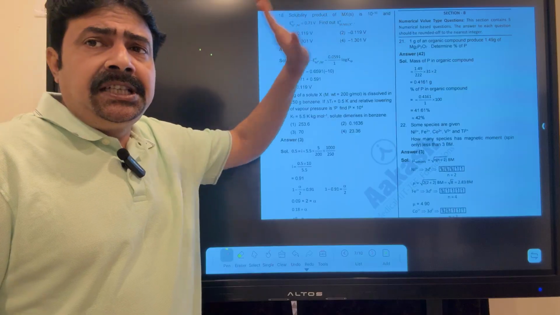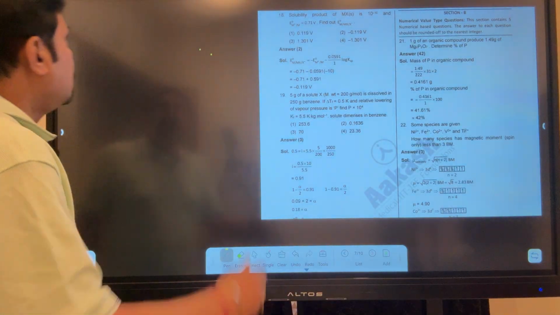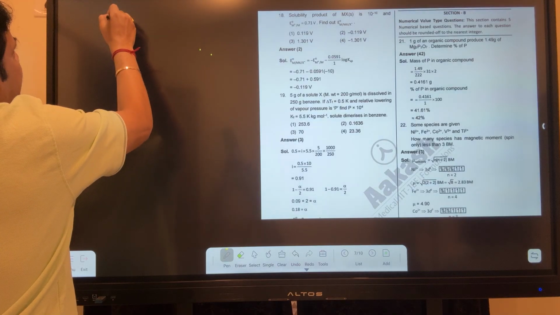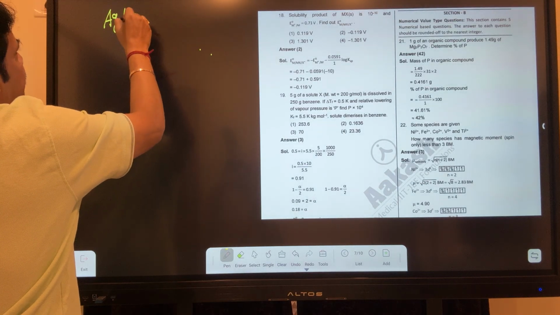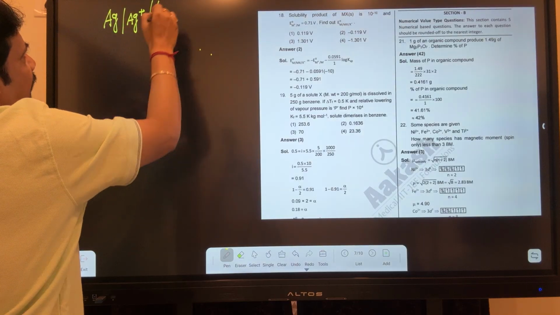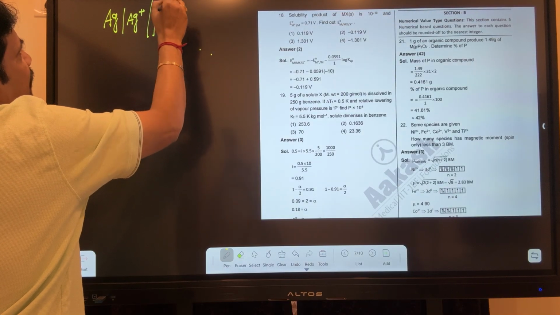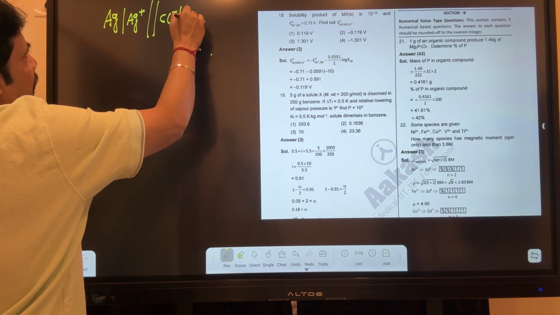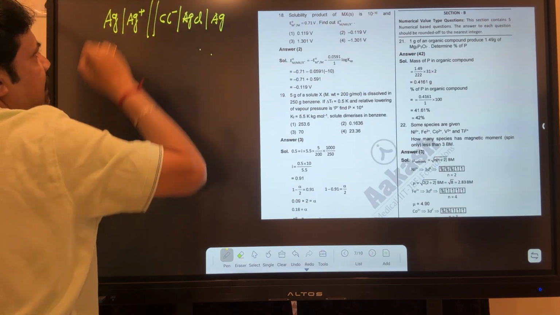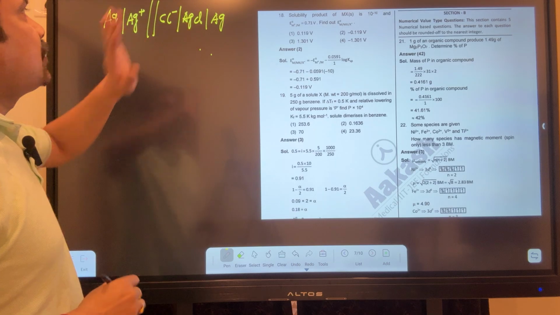But here we need the galvanic cell concept. Now in the galvanic cell I am taking one anode and one cathode. At the anode I am taking Ag to Ag plus, then a double dashed salt bridge, and here I am utilizing a soluble anion, sparingly soluble salt or insoluble salt, and metal acting as your cathode.